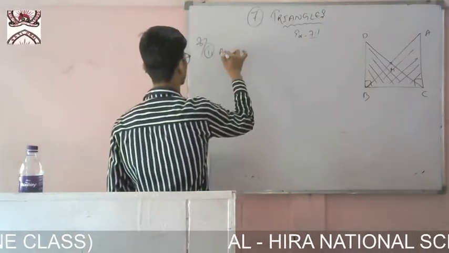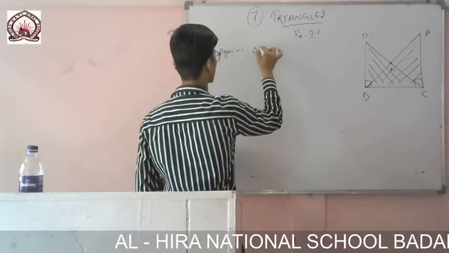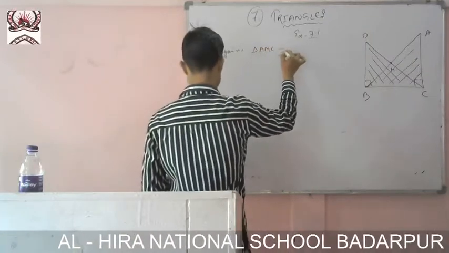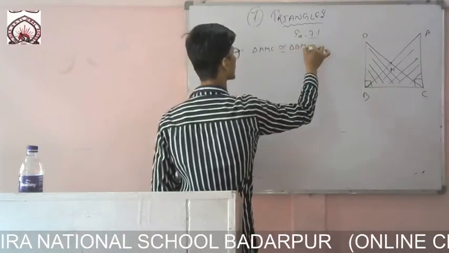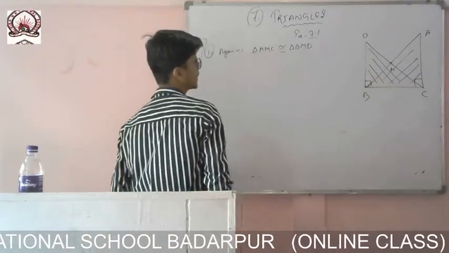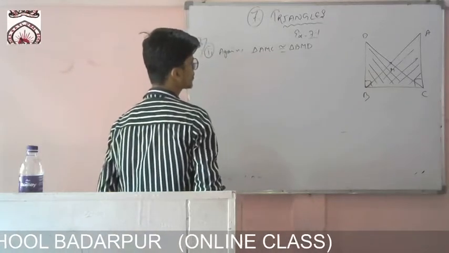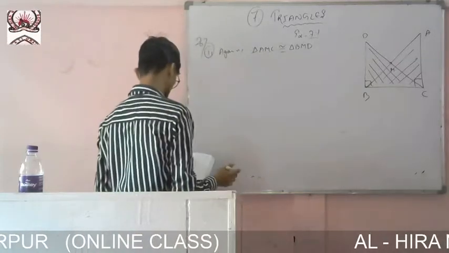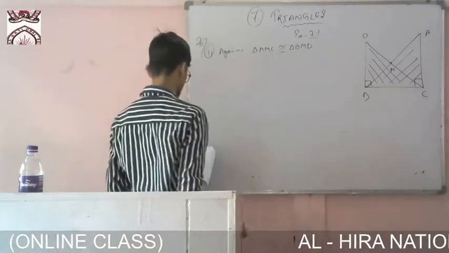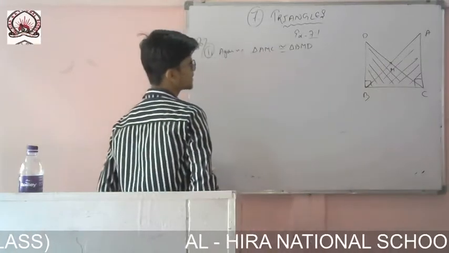So again, earlier we have proved that triangle AMC is congruent to triangle BMC. I am writing it again, though you can just write it, no problem. If these two triangles are congruent, that means AC is equal to BC.